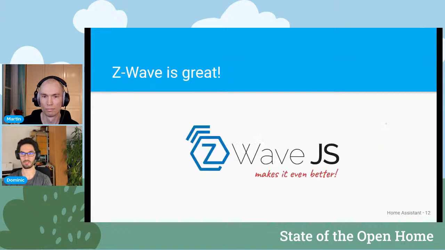So to summarize, don't get me wrong, Z-Wave is a great protocol, and I try to make it better with Z-Wave JS. So at this point, let's see it in action, and I'm handing over to Martin.